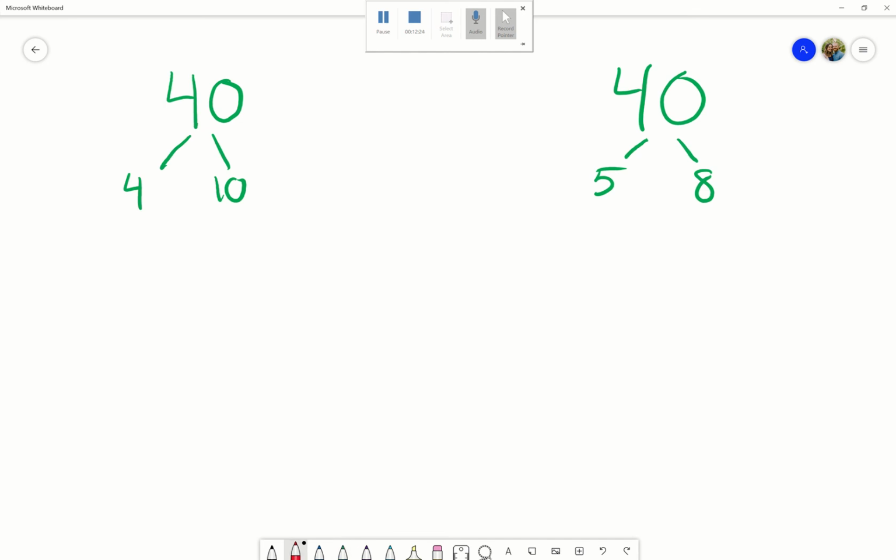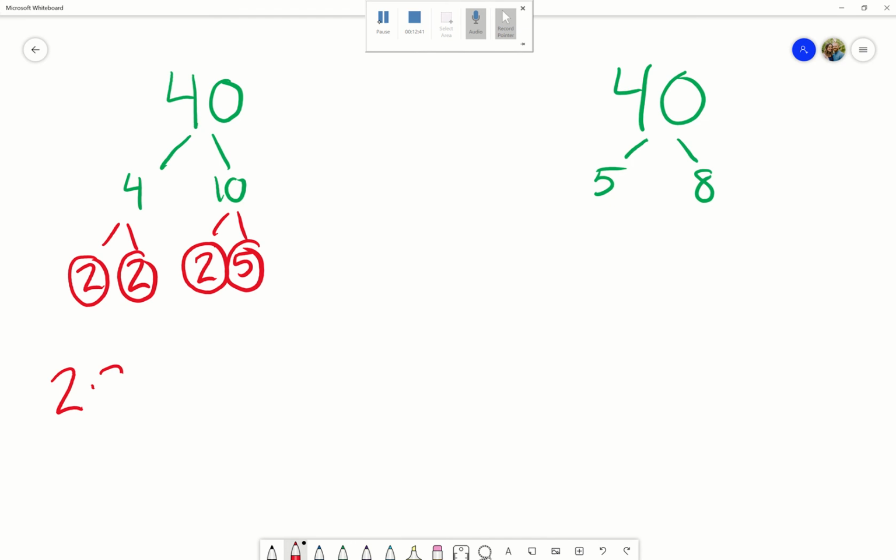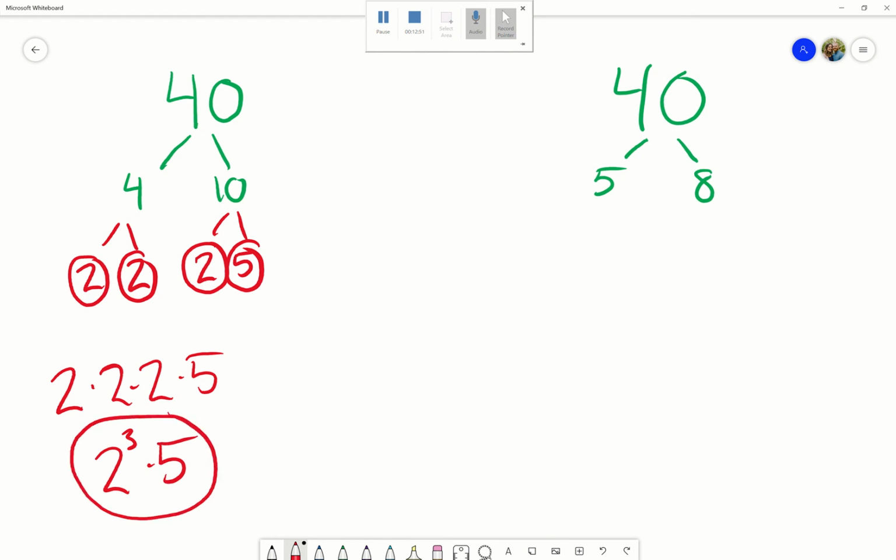4 can break down here into 2 times 2, which are both prime. And 10 can break down into 2 times 5, which are also both prime. So that gives us a grand total of 2 times 2 times 2 times 5, or 2 cubed times 5. Okay, so that's what happens if I start with 4 and 10.